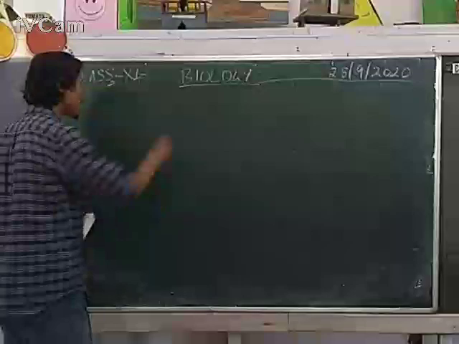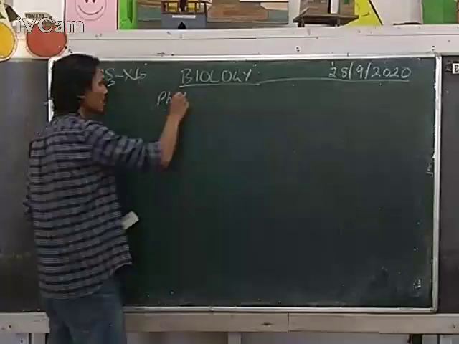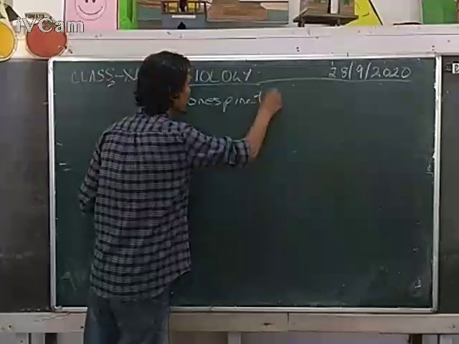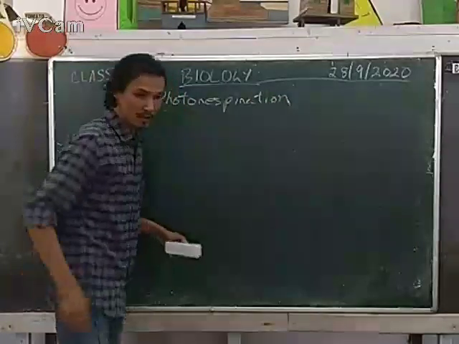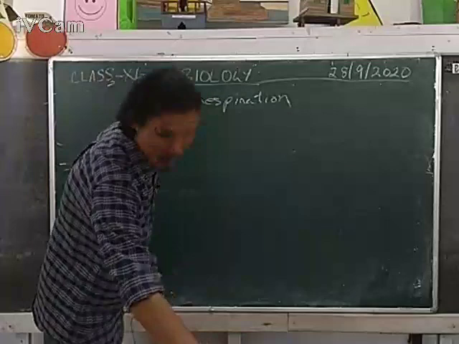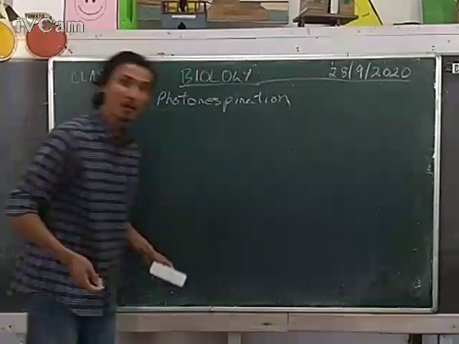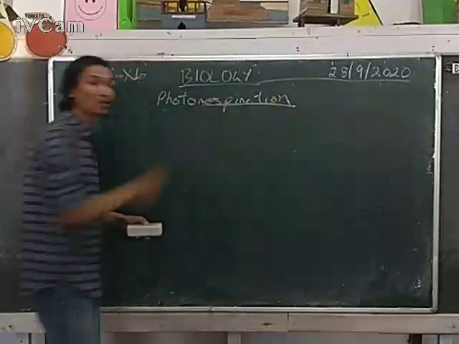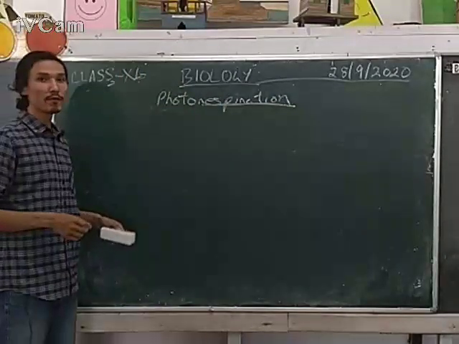So the next is photorespiration. By photorespiration, what it means is respiration done by tissues which are capable of performing photosynthesis.